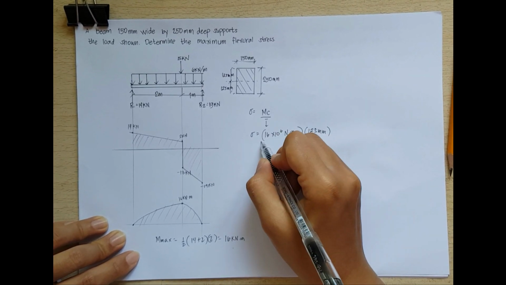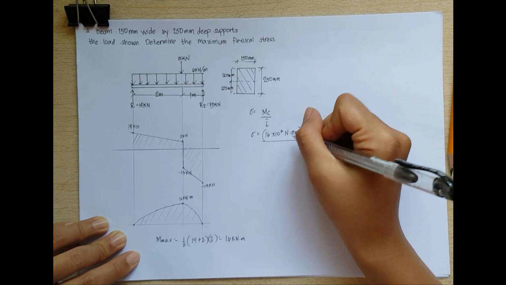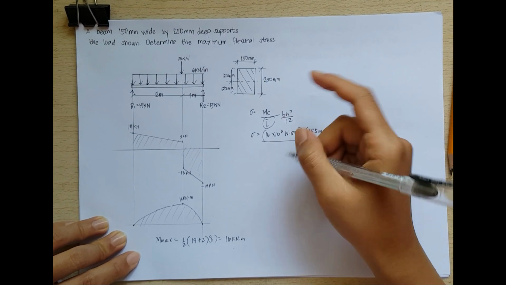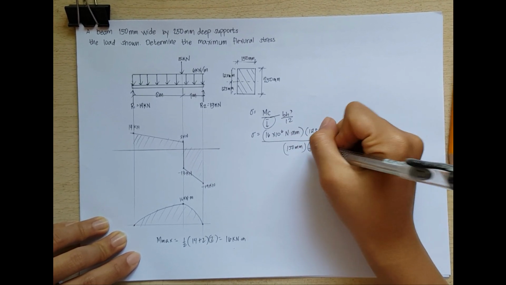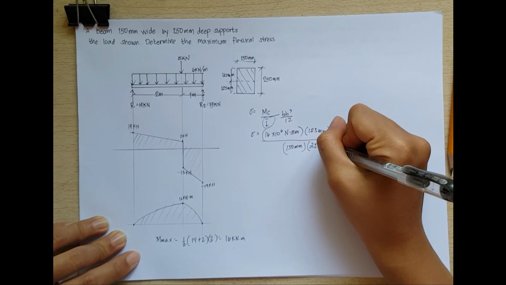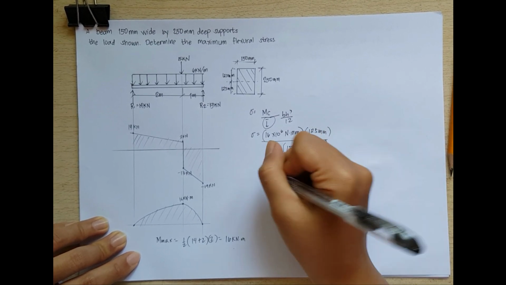And then yung formula ng ating moment of inertia for rectangle is BH cube all over 12. So yung B is 150 millimeter, height 250 millimeter cube all over 12.